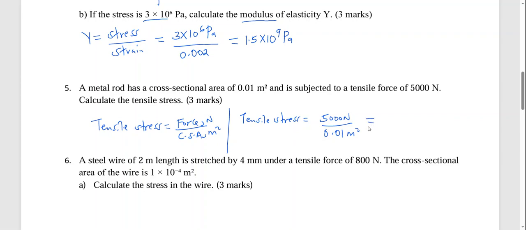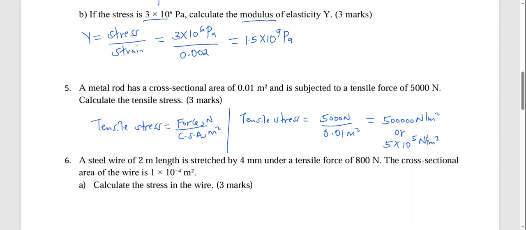This results to 500,000 Newton per meter squared, or we can express in standard form, which gives us 5 times 10 raised to power of 5 Newton per meter squared.